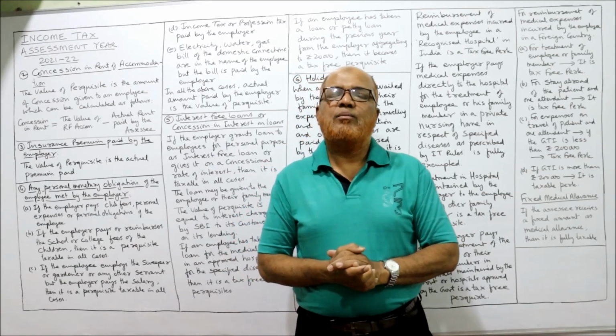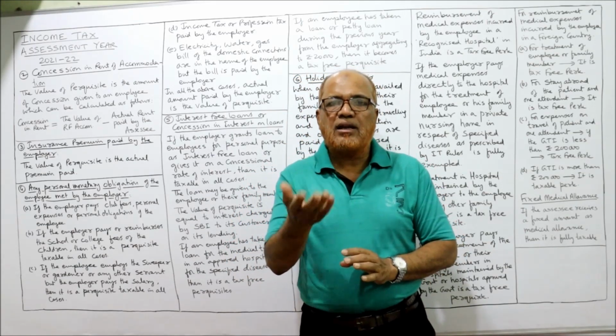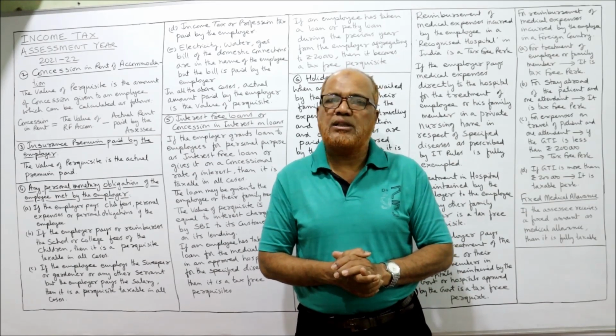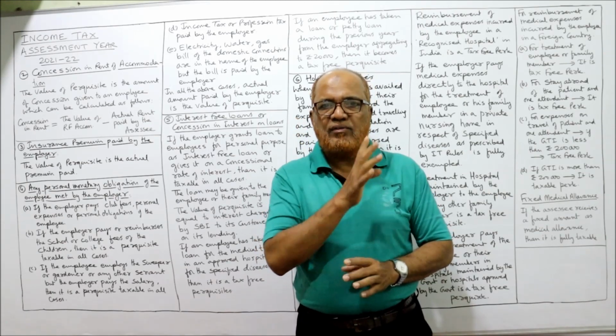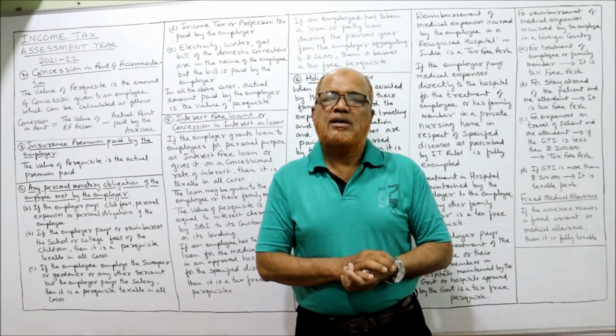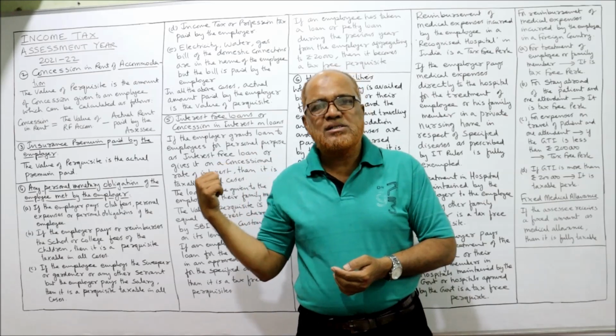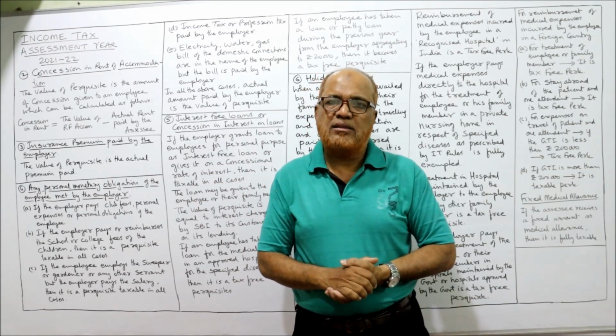Now, in this video, I'm going to explain the other perquisites which are taxable in the hands of all employees. The first perquisite, rent-free accommodation, we have already discussed. From the second perquisite onwards, I'm going to explain in this video.